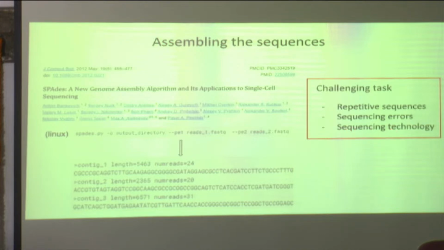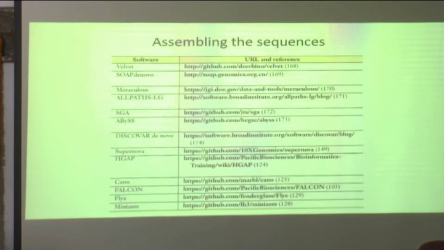And depending on the sequencing technology, long read or short read sequencing, we have to keep that in mind to choose the software. But luckily, you don't have to worry, we have many, many ways to address that.